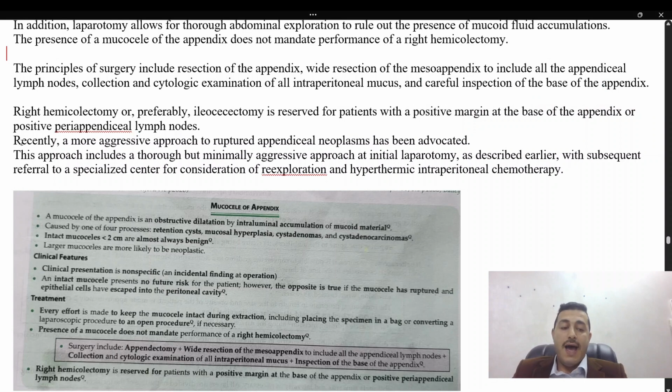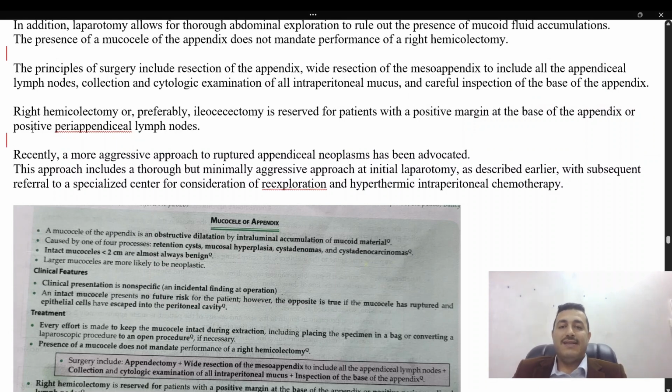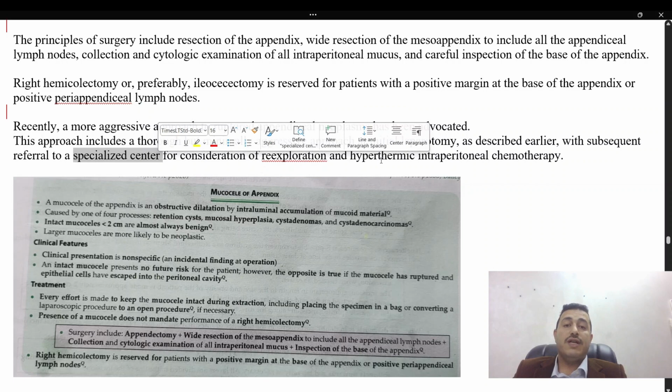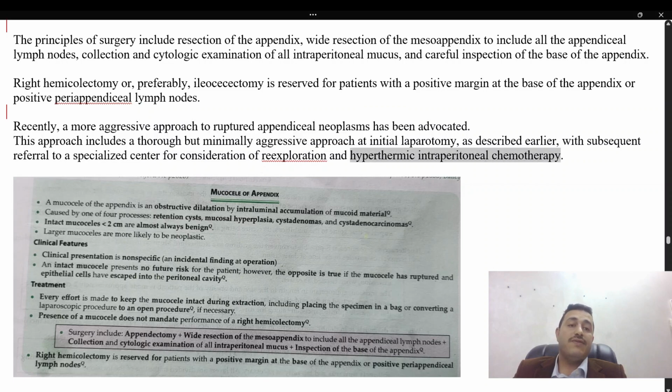Okay. Any other thing we can add more than the right hemicolectomy? Yes. Here they said an aggressive approach for ruptured appendiceal neoplasm: if we have already ruptured, or positive margin or positive lymph node, we can refer the patient to a special center for exploration and hyperthermic intraperitoneal chemotherapy.